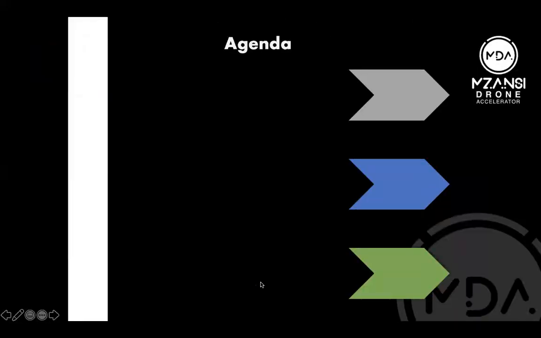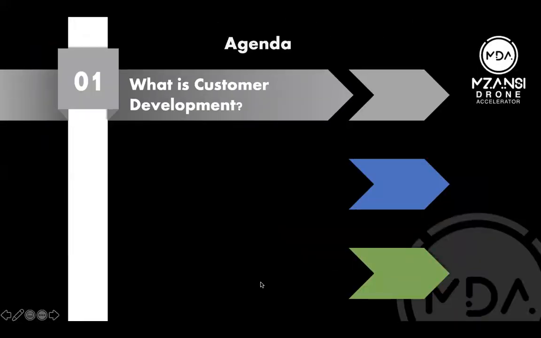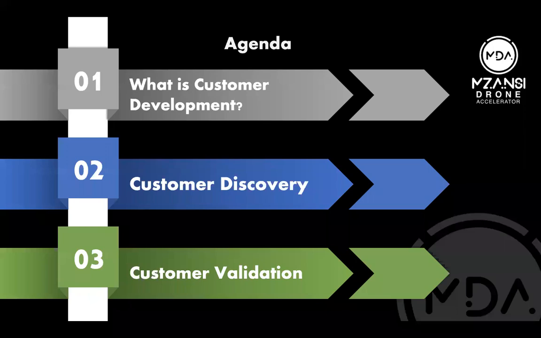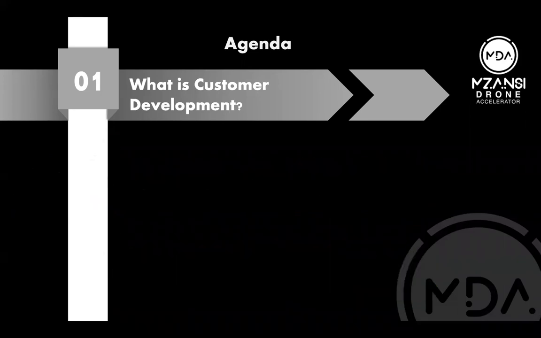Just the agenda for today, we're going to get to understand what is customer development, and then we'll touch on the two phases of customer development, which is customer discovery and customer validation. These two phases will take us back to the first phase of problem solution fit, which is the customer discovery and validation, and just to see how the two link up together.